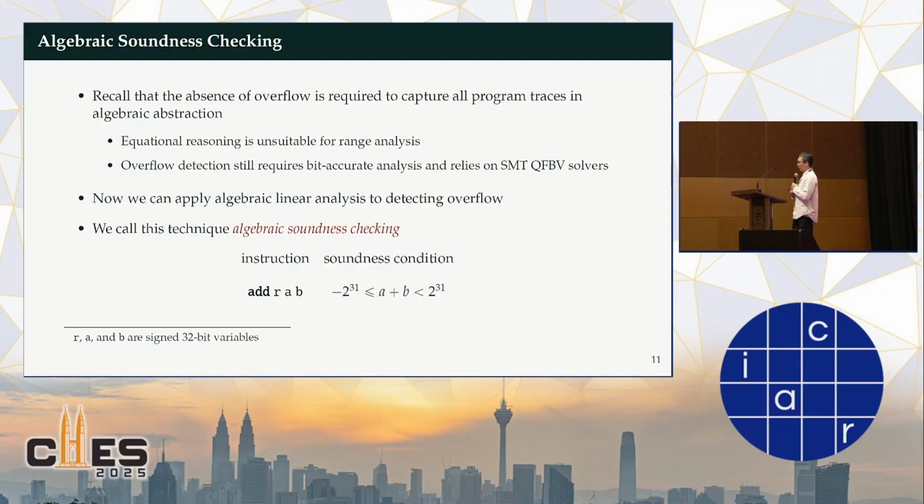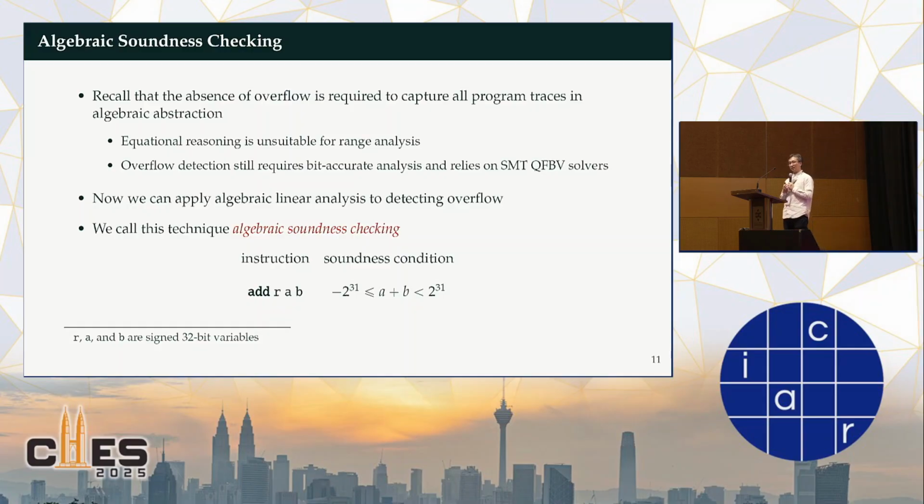So now our algebraic linear analysis supports both equalities and inequalities, so it can reason about variable ranges. And since in the soundness checking we want to check if there is an overflow, and this can be done by range check, we can apply our algebraic linear analysis to detect overflow.